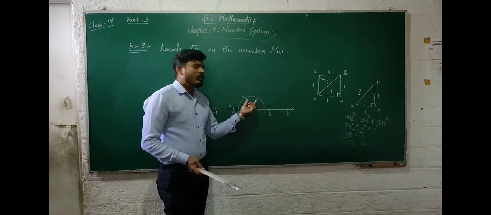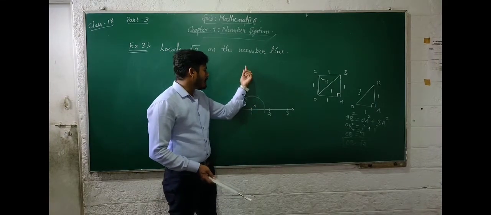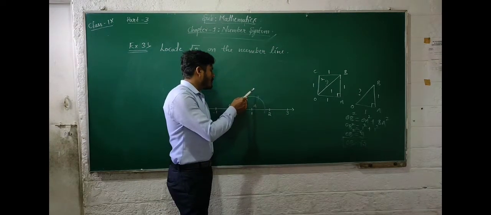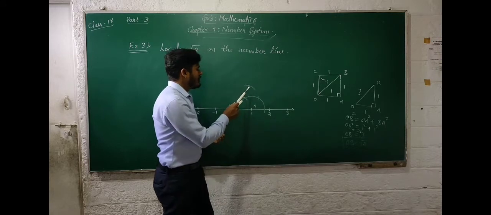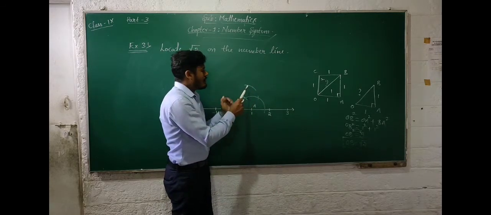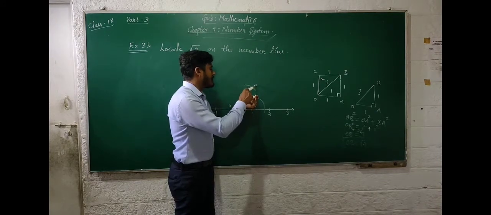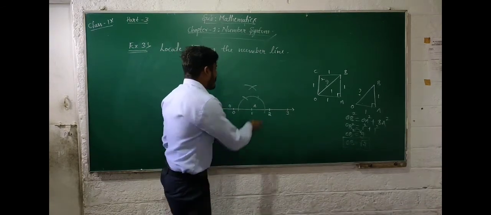Now we have to draw a bisector in between these 2 points. We know how to draw a bisector. First, with this point as center, draw an arc above the semicircle, and with the other point as center, cross cut that arc. You will get another point.